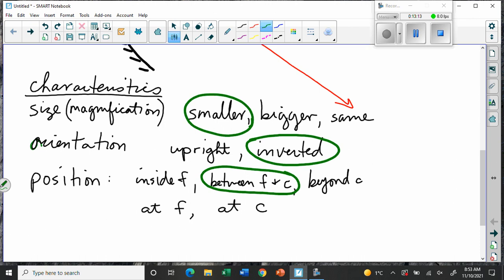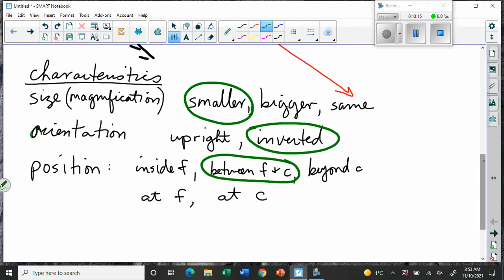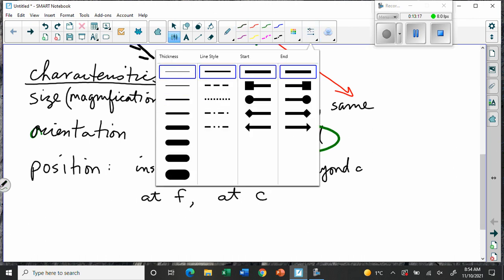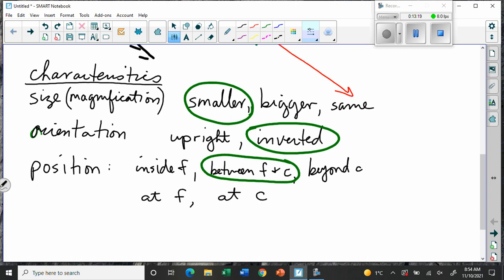And now there's another characteristic. It's the last characteristic that we like to discuss, and it's called the type of image. And there's 2 choices for this. It can be a real image, or it can be what's called a virtual image. Now, a virtual image is an image that appears inside the mirror.